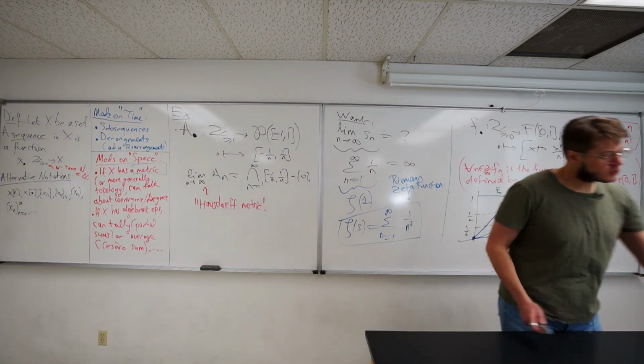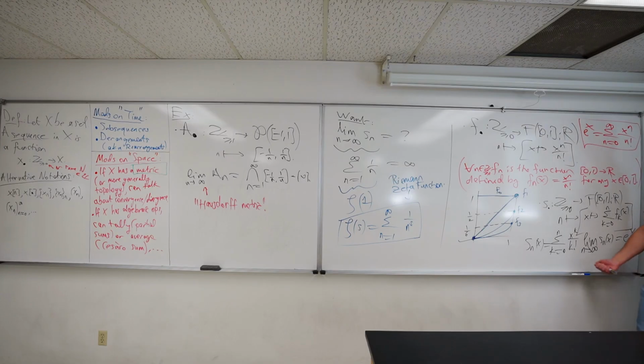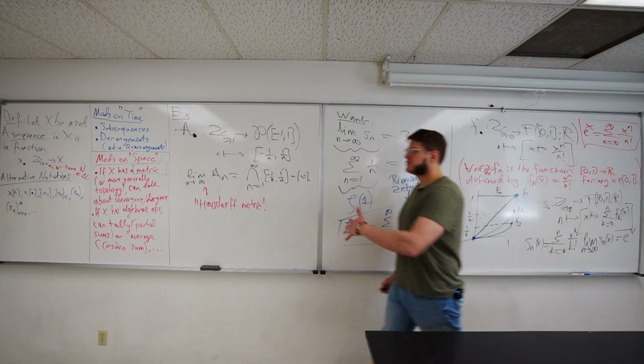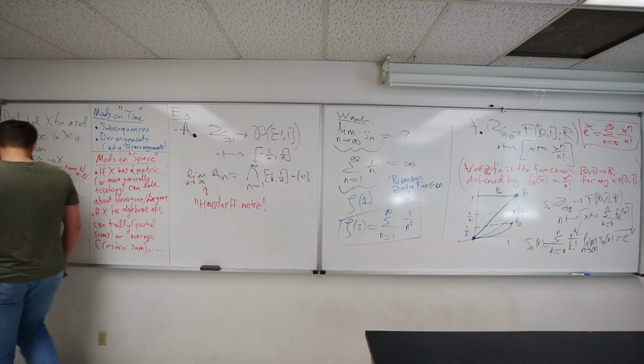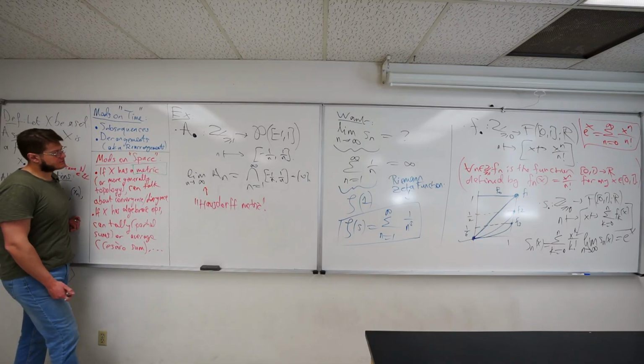Now, if you look at the textbook, they do define this notion of a metric, but typically it's in the second part of the course. So I'm going to be diverging in this regard.